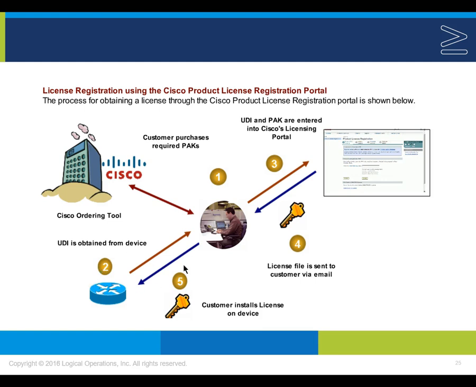So what we do is, one, we purchase the product activation key from Cisco. Once we've purchased it, we get the UDI, the unique device identifier, from the device itself.